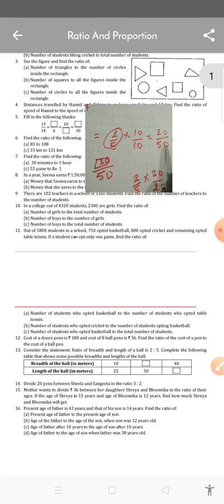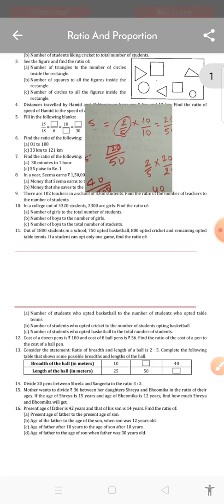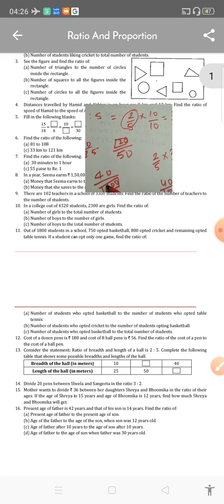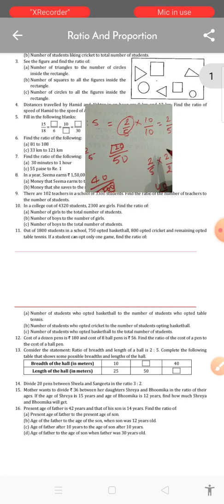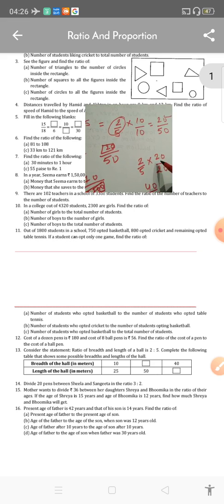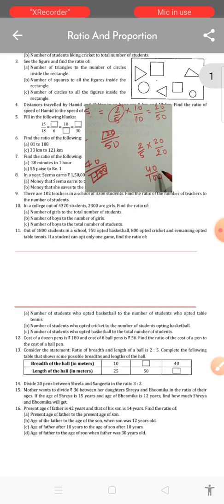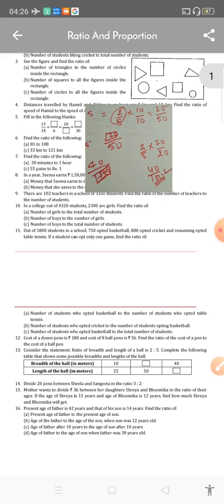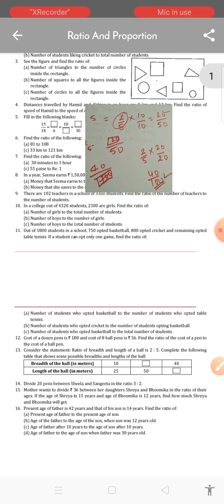So in the first bracket we write 20, and in the second bracket, 40 over the blank space. If you multiply the given ratio 2/5 by 20, we obtain 40/100. So we put 100 in the second bracket.